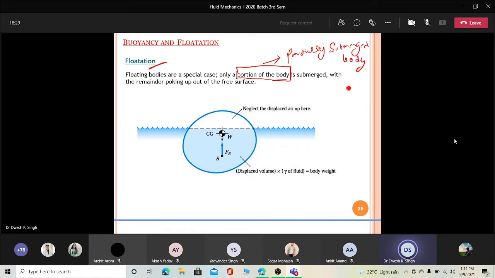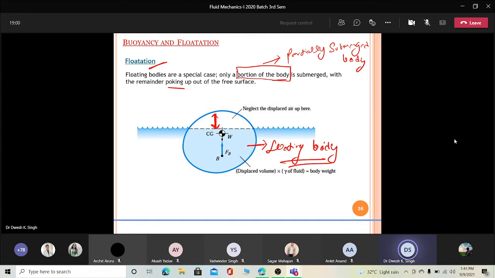So when your body is partially submerged inside the fluid and the remainder is poking up out of the free surface, you can see here this part is out of the surface. So this is a case of floating bodies. So this is your floating body.